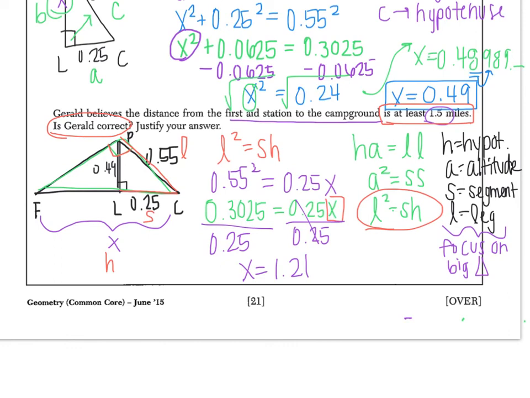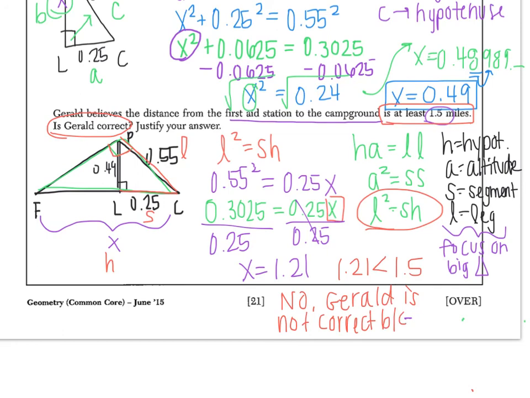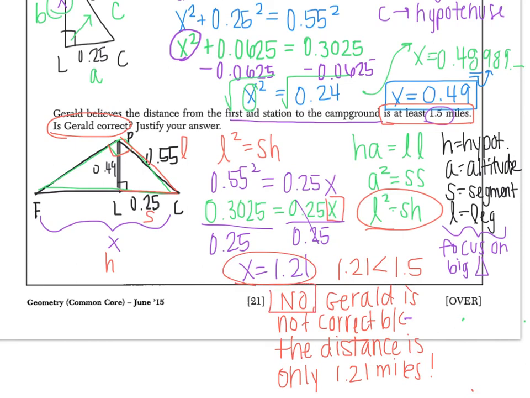So because 1.21 is less than 1.5, we are going to say that no, Gerald is not correct, because the distance is only 1.21 miles. So again, once you find your answer, 1.21, you do have to state no as your final decision.